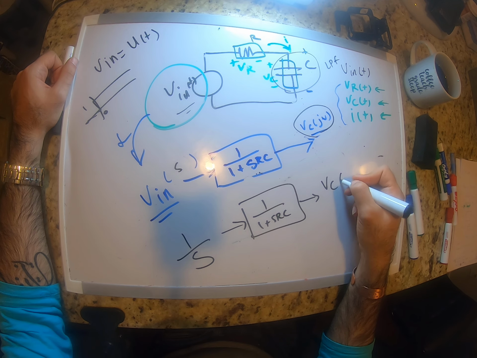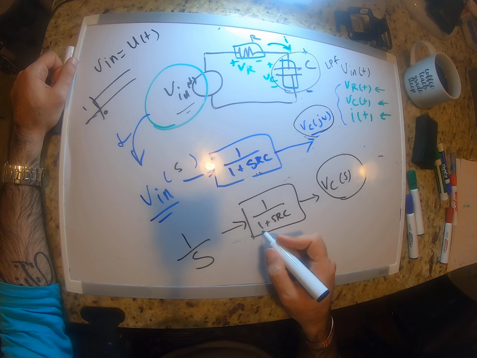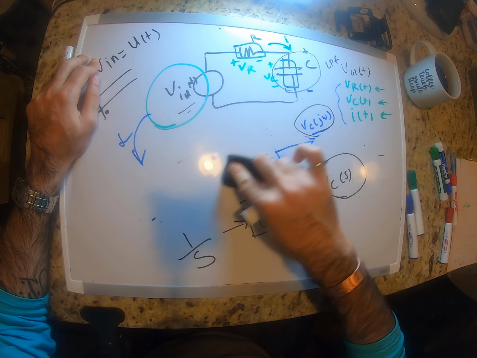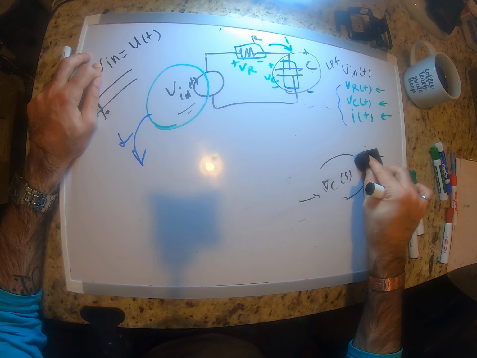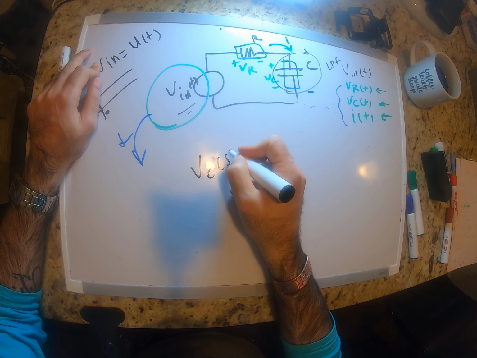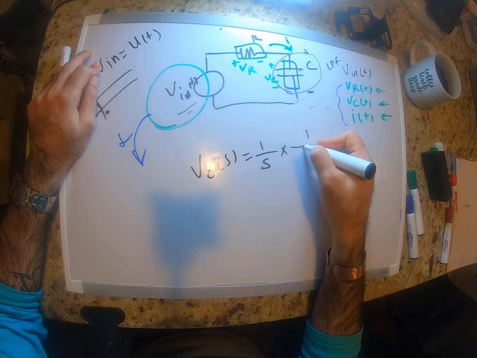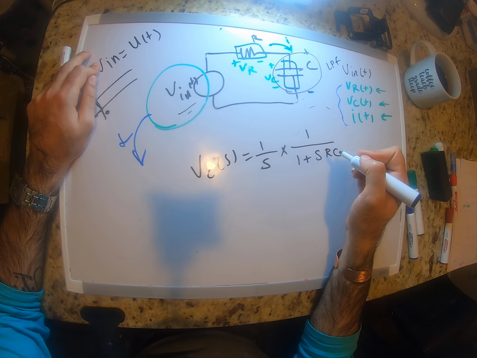And we want to know what is the capacitor voltage. You just multiply the input by the transfer function. So our capacitor voltage is simply 1 over S times 1 over 1 plus S times RC.